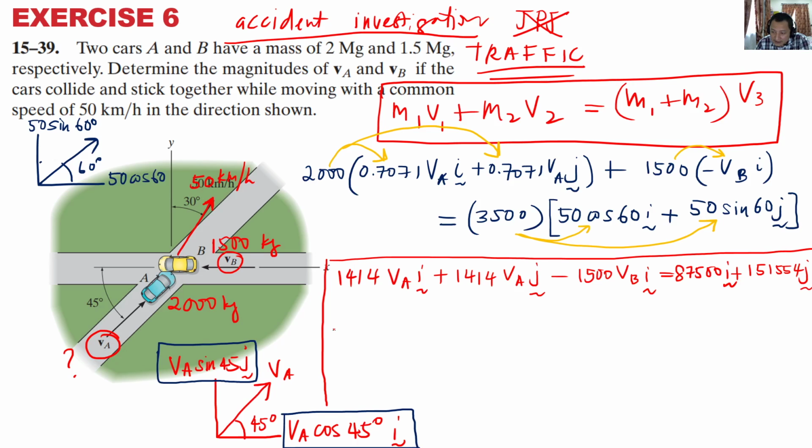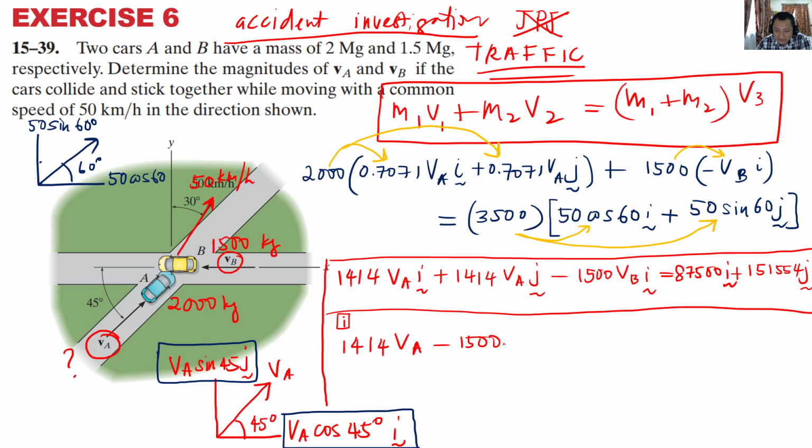Imagine that, so you can solve it already. Now look at the i component: 1414 VA minus 1500 VB equals 87,500.